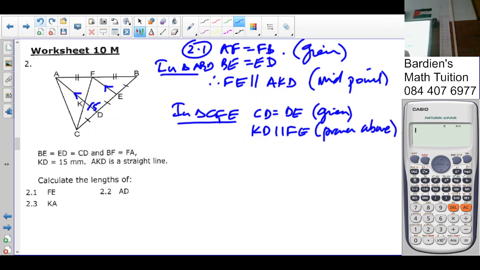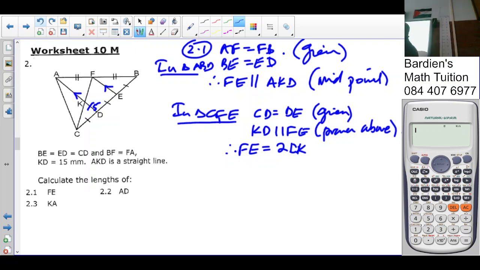Can you see this is now parallel to that? Now proven. So does that line up with the converse of the midpoint theorem? Yes. We have the midpoint of one segment of the line, and the third side being parallel to the line drawn there. Can you see that, people? So therefore, FE is equal to double DK. Okay?